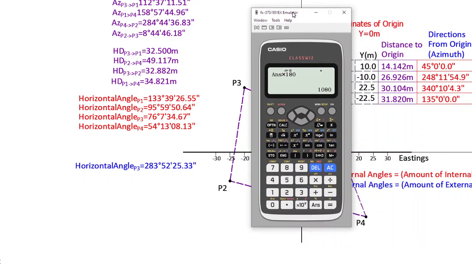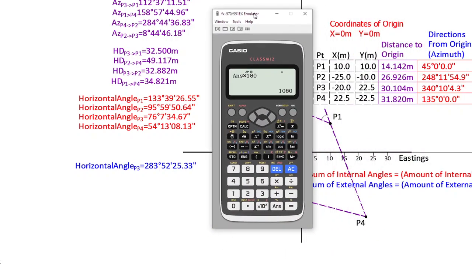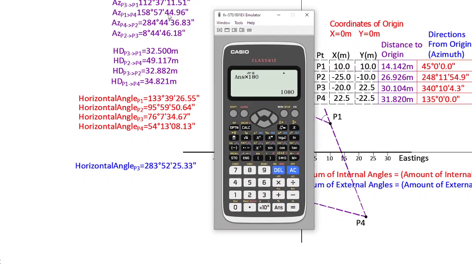So I have my previous direction, which is from P4 to P1. I have the one from P1 to P4. That's not a problem. I know that the orientation from P1 to P4 is 180 degrees, 58 degrees, 57 minutes, and 44.96 seconds.